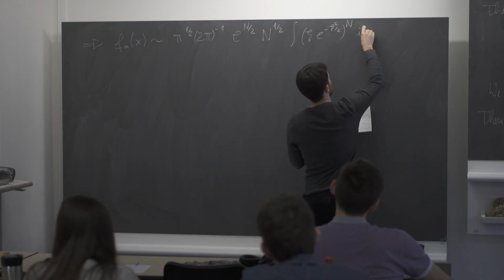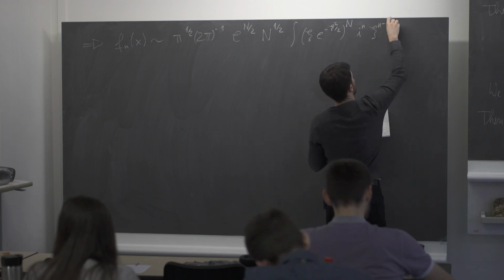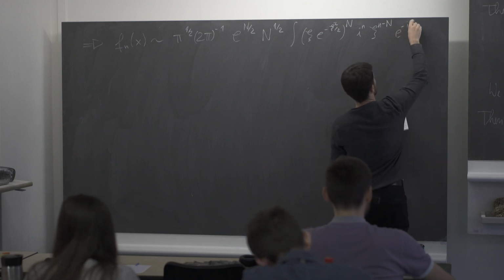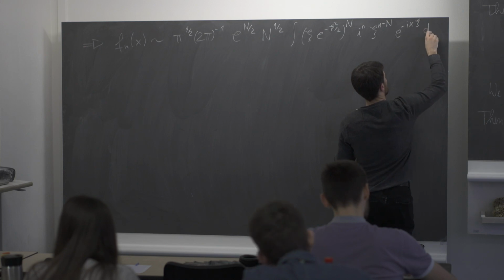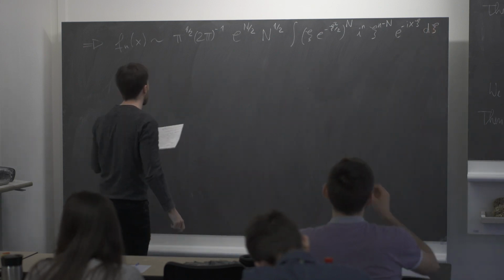And then there's an i to the n, xi to the little n minus big N, and then there is this factor from the Fourier transform, d xi.